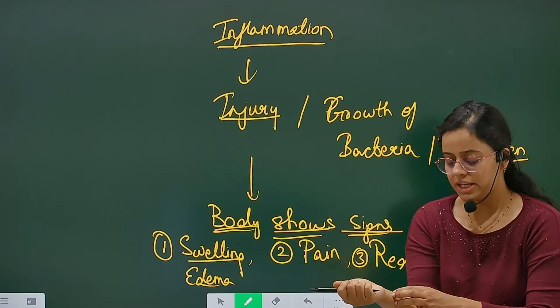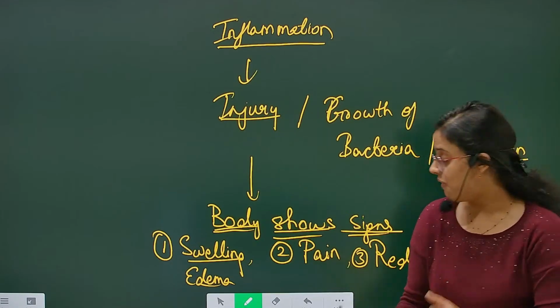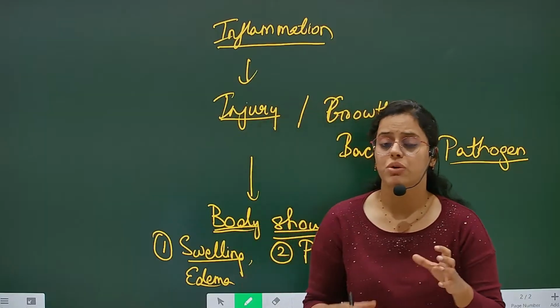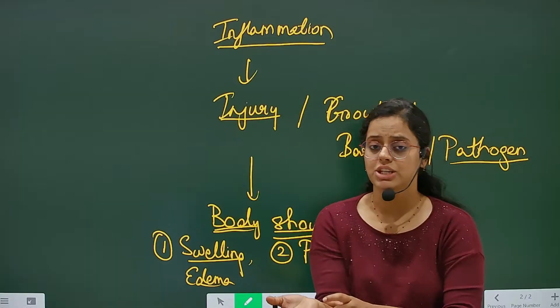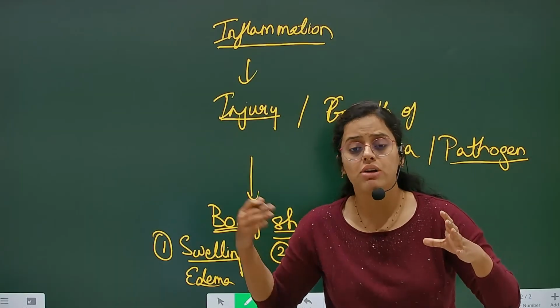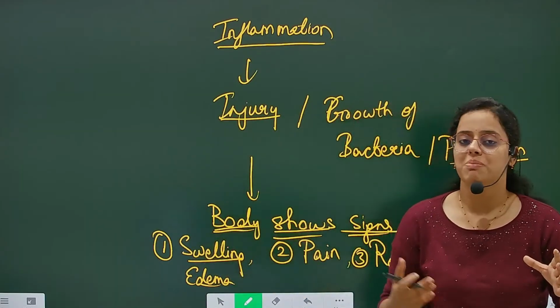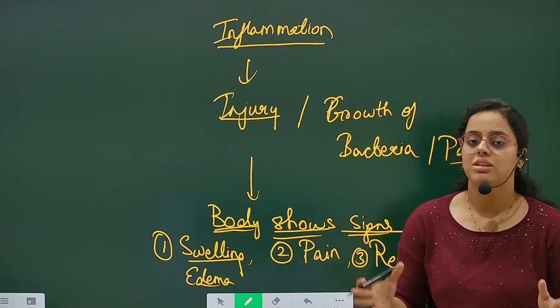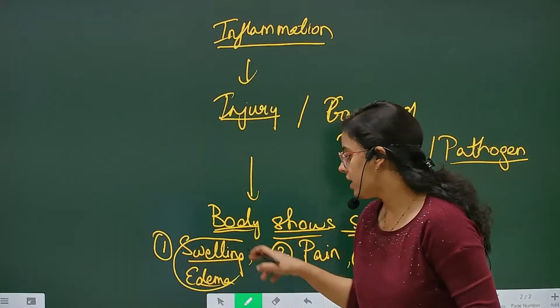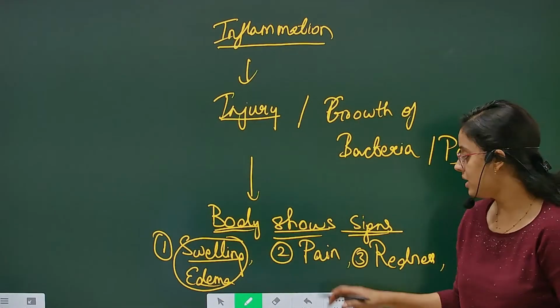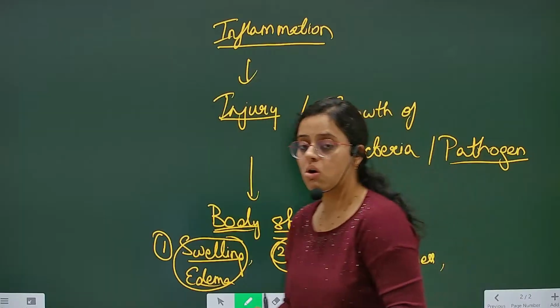Vasodilation happens as a result. What do you understand by vasodilation? The blood vessels present near the injury swell. They cause pumping of more blood to those areas where the structure is inflamed or injured. This is the swelling. Then you can feel pain, also called dolor.